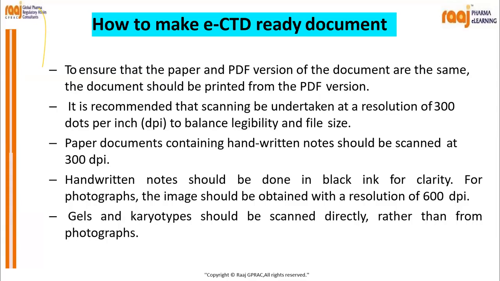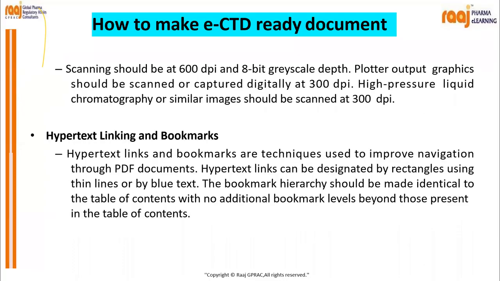So try to use 600 dpi whenever you are using photographs or images. Whenever there is handwritten content in a scanned image, 300 dpi is good enough. Then the gels and karyotypes should be scanned directly rather than from photographs.